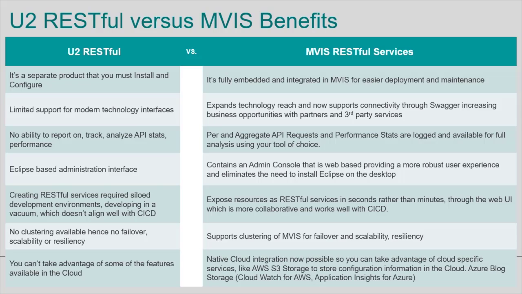MVIS was absolutely built with the cloud in mind. MVIS takes advantage of native cloud integrations in AWS and Azure. It also supports clustering, offering much needed scalability and resiliency for apps that run in a 24/7/365 environment.